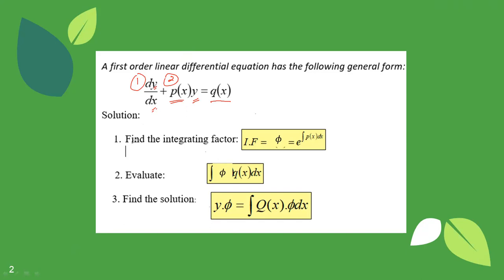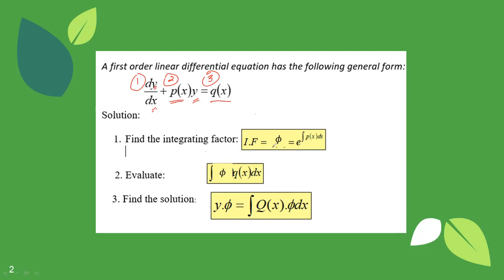Okay, now there are actually only two very specific procedures that you will perform, but in here it's written in three different separate procedures. The first thing you have to do, so this is, by the way, the third requirement in terms of the form of your linear first order differential equations.